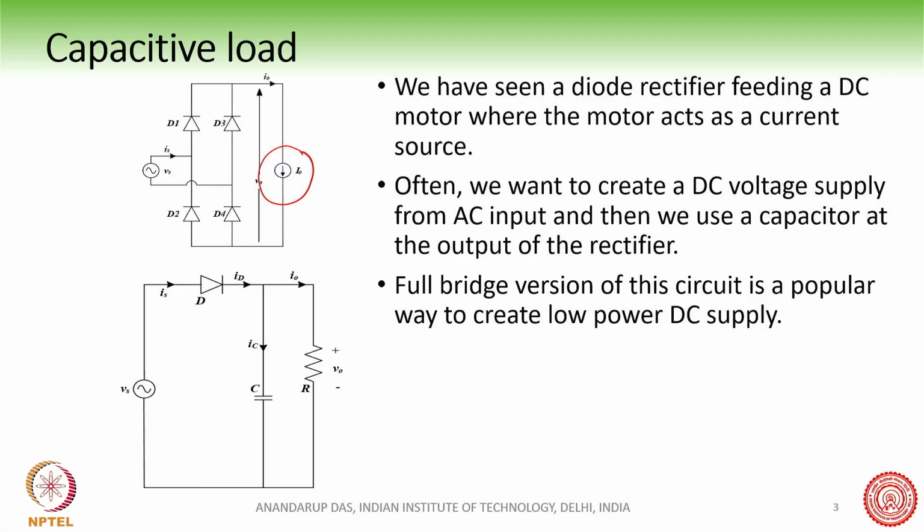But in this lecture, we will take up another application where the load is a capacitive load with a resistance, which is basically used for making a DC voltage source. This is what we will analyze. So instead of a constant current load, we will see how the diode rectifier behaves when there is a capacitive load at the output.